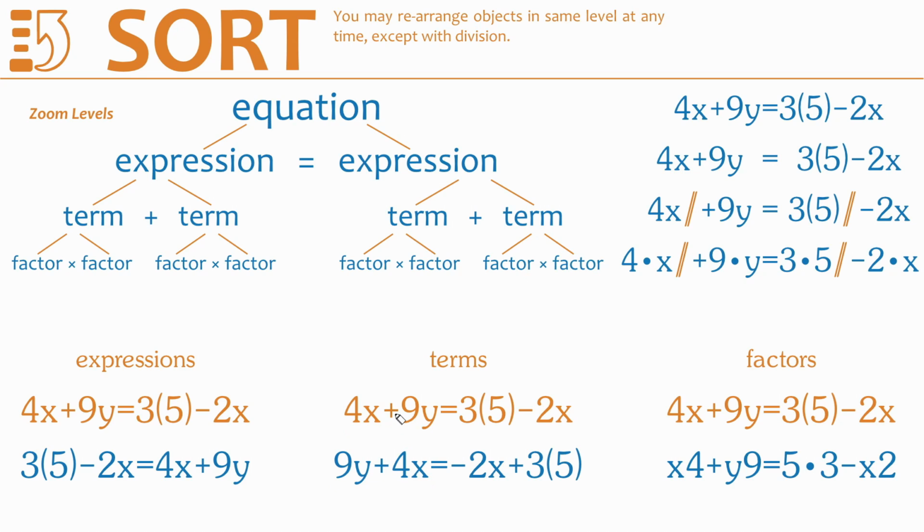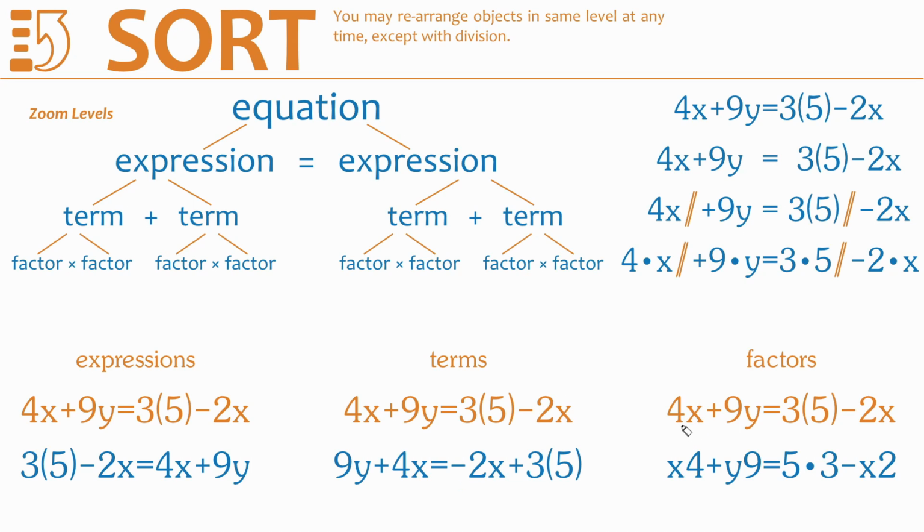Whatever the reasoning is, you can see it's permissible. I can sort my terms because combining has no order to it. So again, my negative 2x, I've sorted over here. The 3 times 5 went from the first position to the last position, no problem.